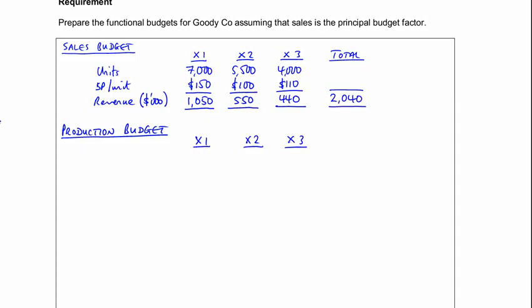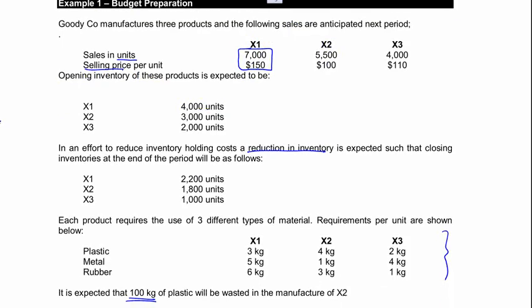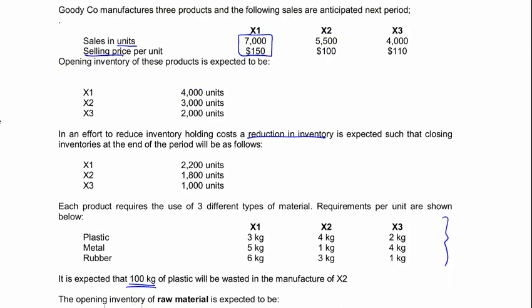Now if we go back to the previous page where the question is, we know for example, product X1, we're expecting to sell 7,000 of those, right? But we've already got 4,000 in inventory. Okay, so if we were happy to be left with no inventory at the end of the period, we would only need to make 3,000 units of that product in the year, because we're trying to sell 7,000, we've already got 4,000, we just need to make 3,000 more.